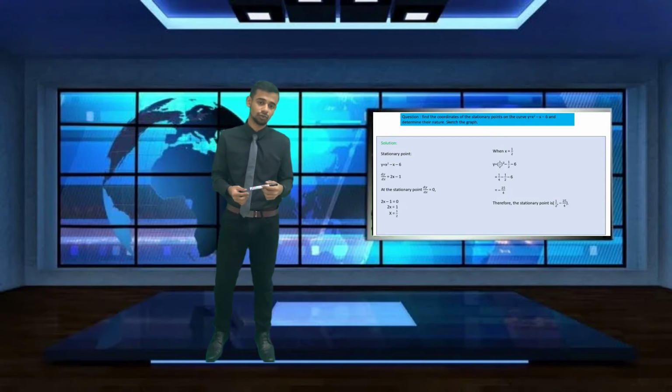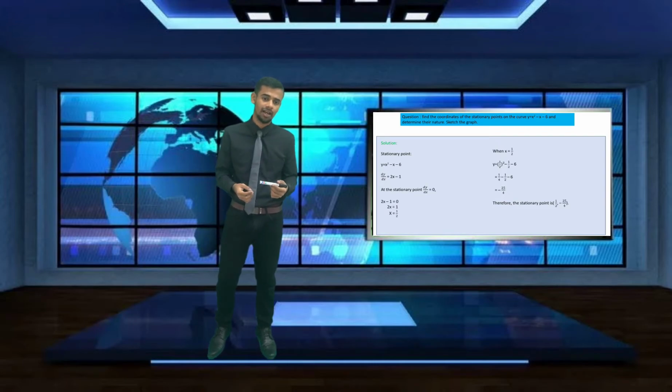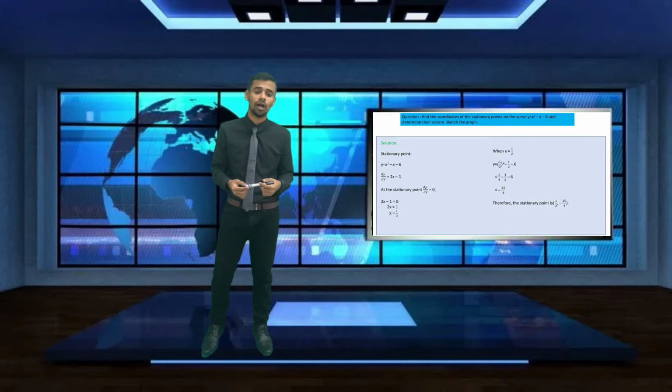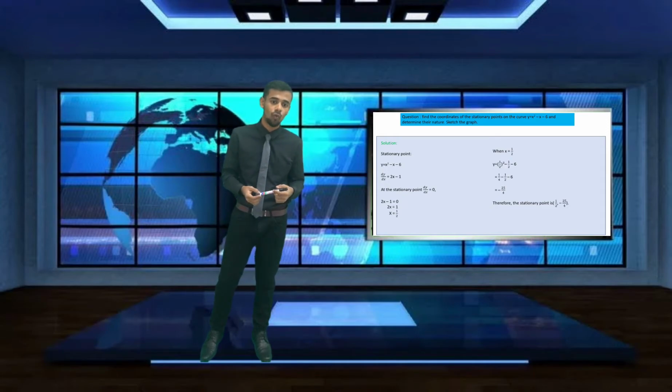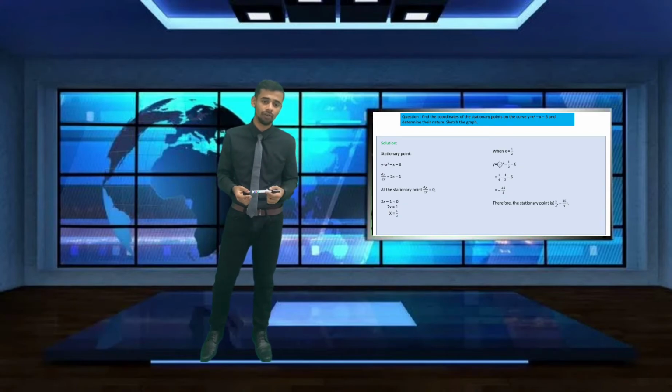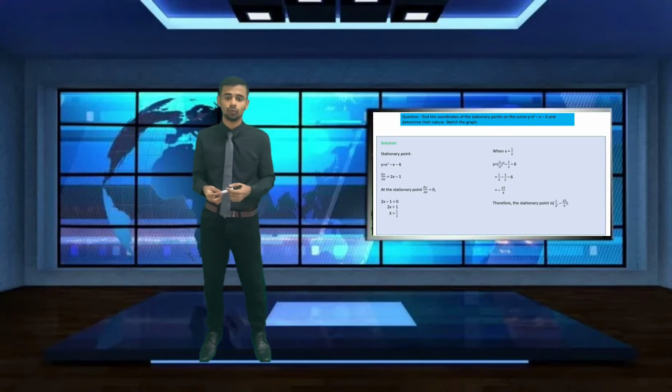We take from above: x squared becomes 2x and x becomes negative 1. At the stationary point, dy over dx equals 0, so 2x minus 1 equals 0. Bring the 1 to the other side: 2x equals 1. Then divide by 2, so x equals 1 over 2.